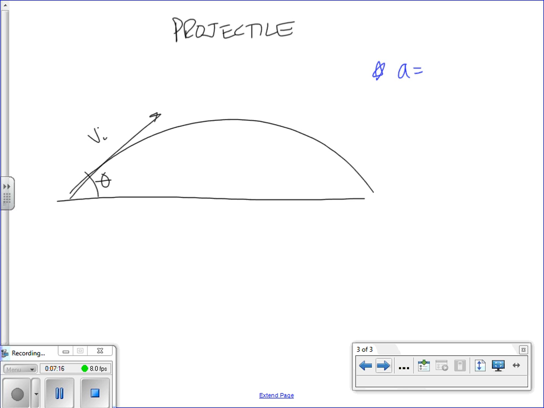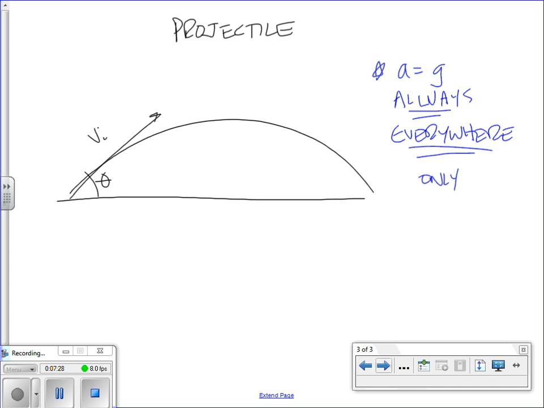Acceleration is g. Always. Everywhere. Only. Ever. It's g. Even at the very top, it's still accelerating downward. There's no horizontal acceleration at all. So that's one big thing.